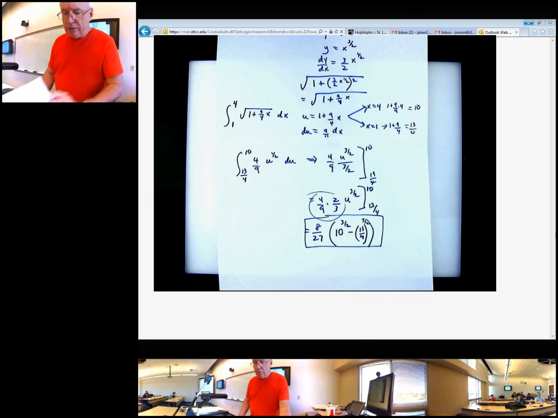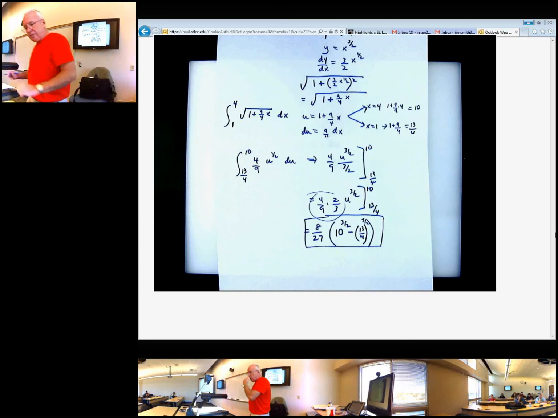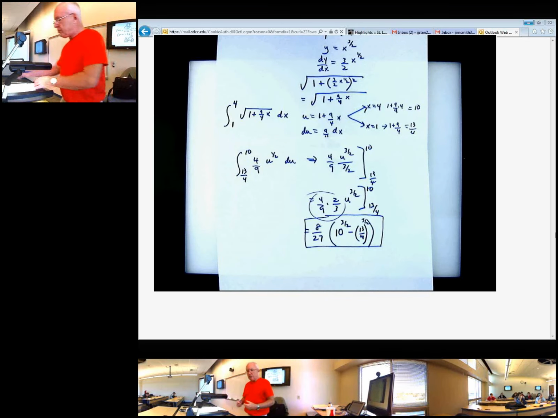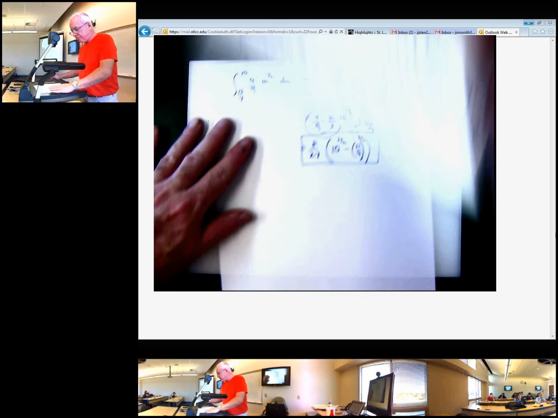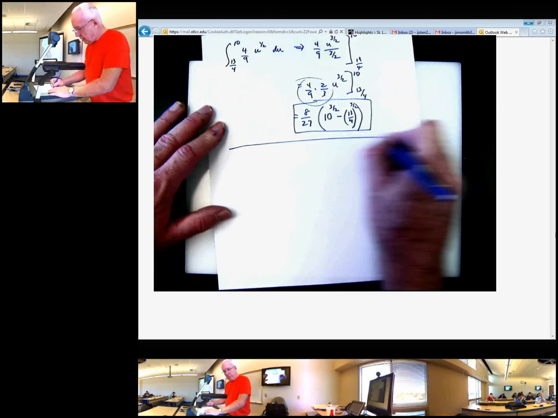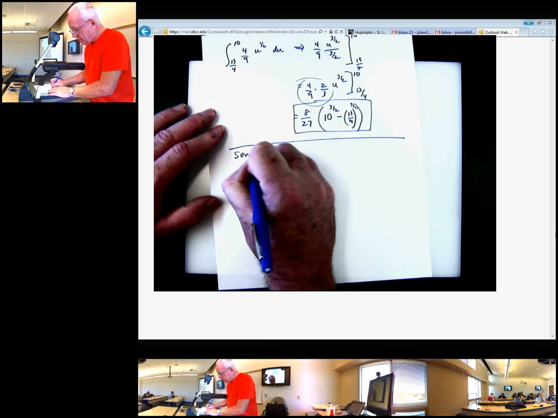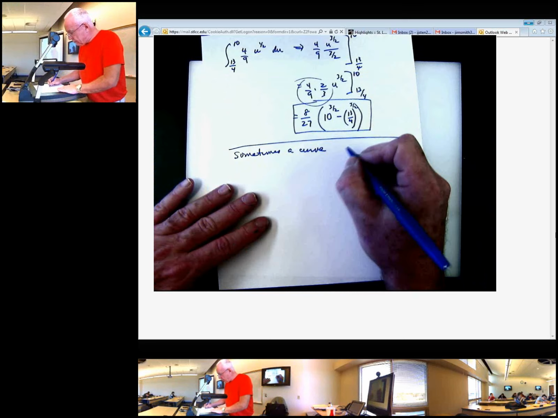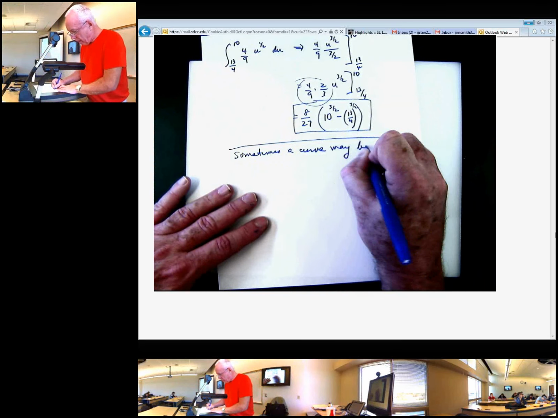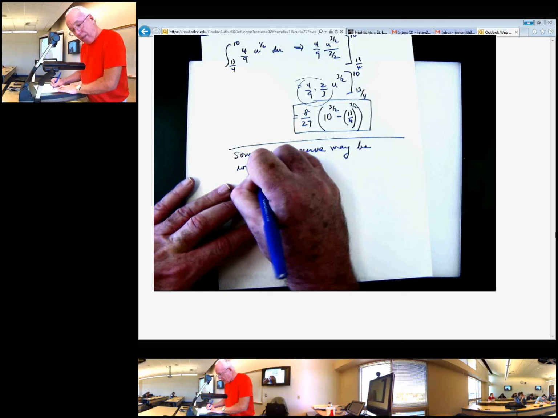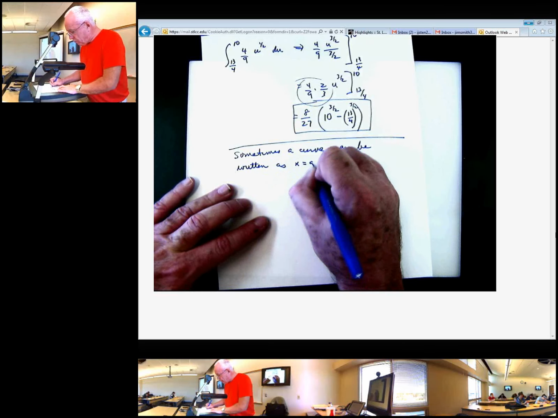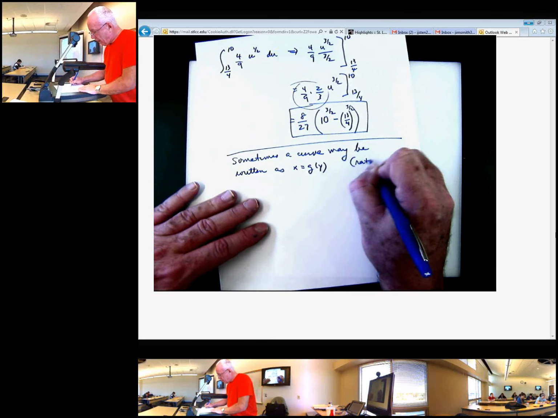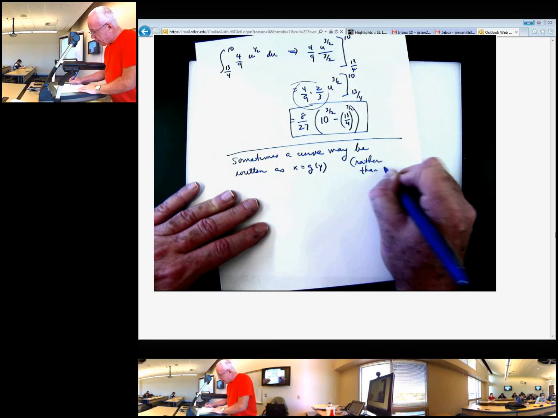Now, what happens sometimes is a curve may be written as x equaling a function of y, rather than y equaling a function of x.